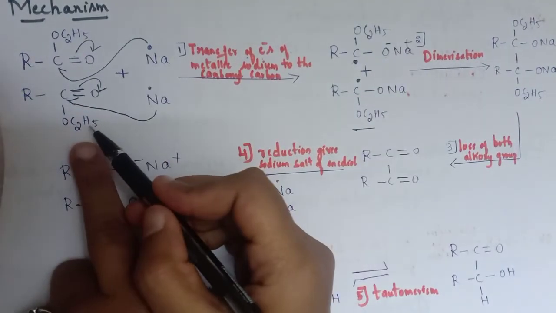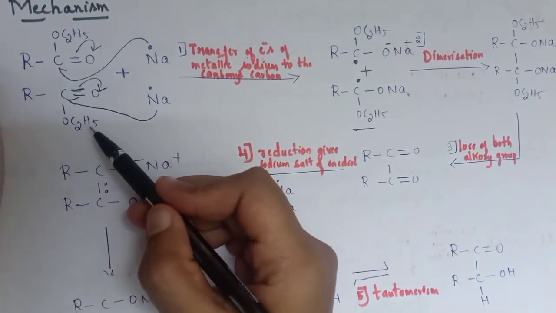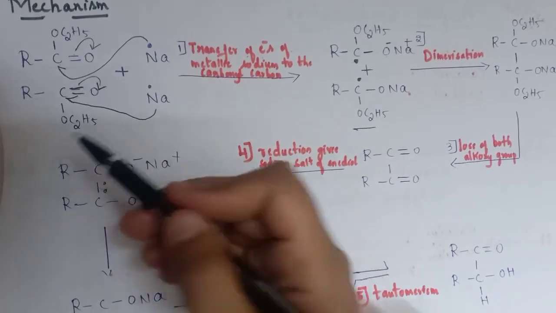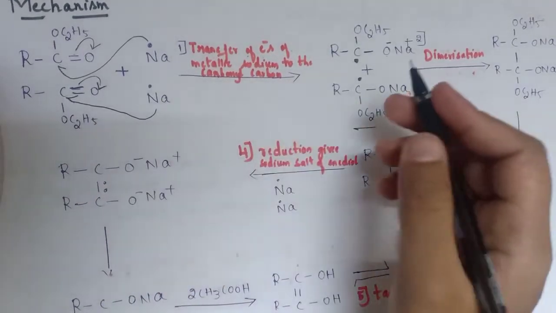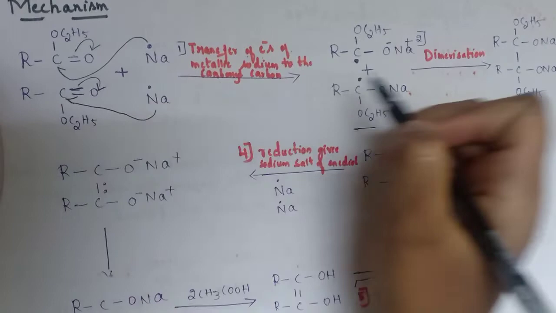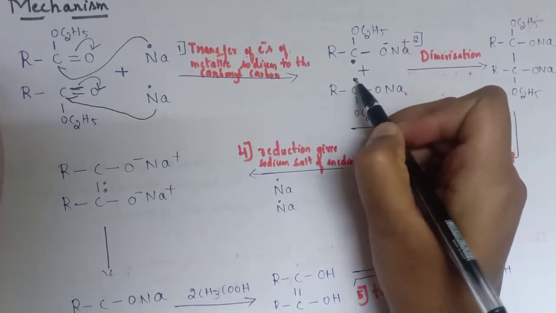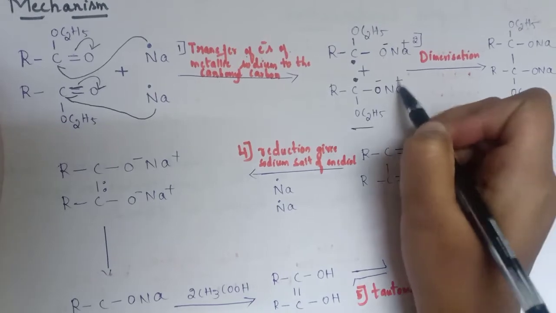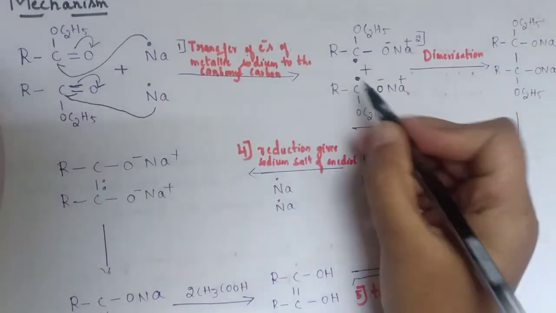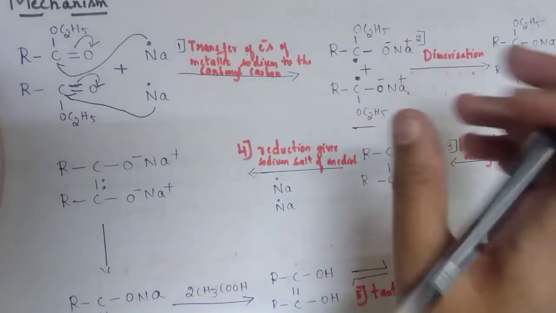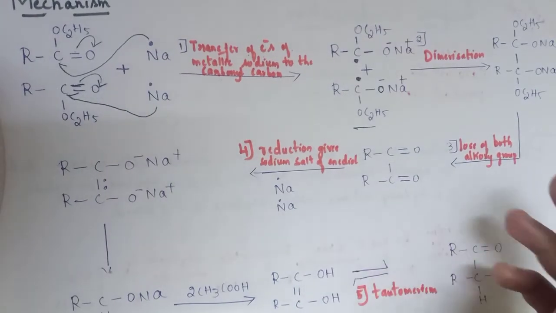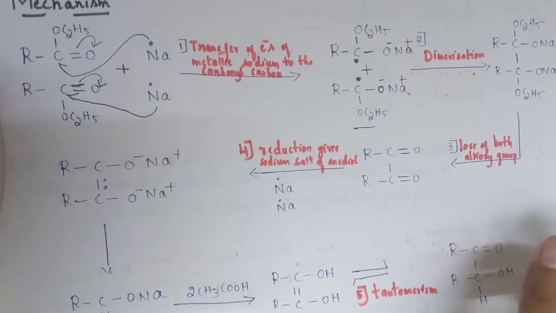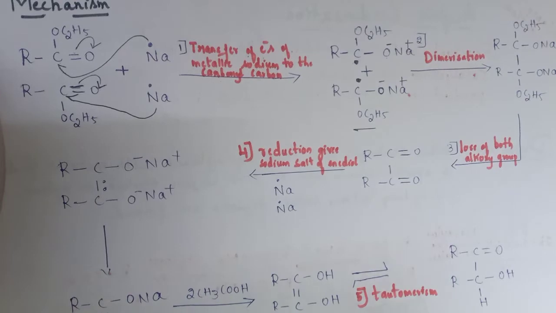In the other carboxylic acid ester group the same thing happens. Here I have written the electron of this sodium, and this oxygen is getting a negative charge and I have added Na plus here. So this is the product of the first step. Now the second step is dimerization. First of all we have to know what this dimerization is.